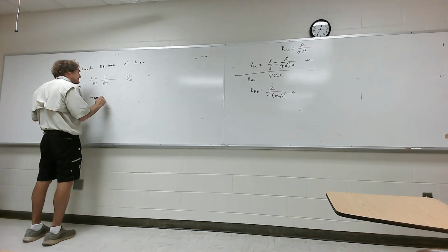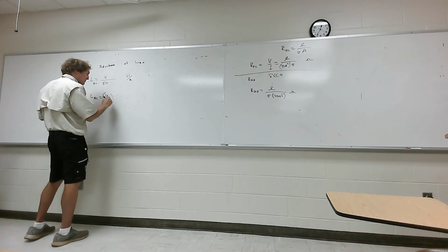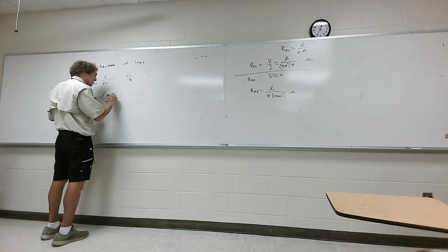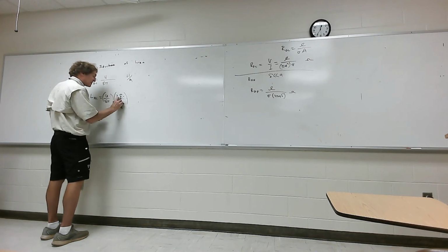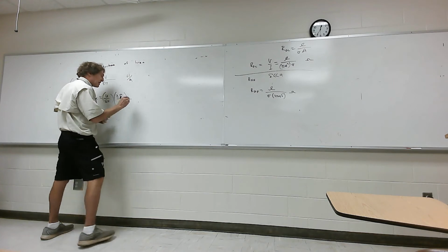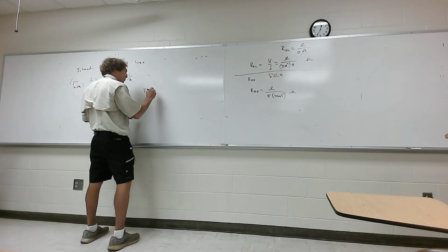You start with the DC inductance, mu over 8 pi, and then you multiply it by 2 times the skin depth, over the radius of the wire. Matter of fact, I use the term R_W here. R_W is wire radius.